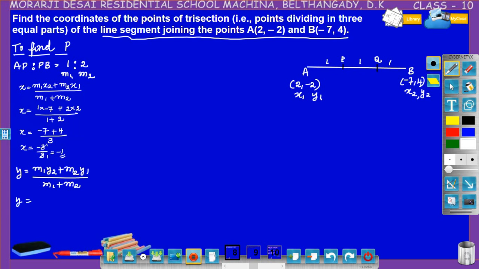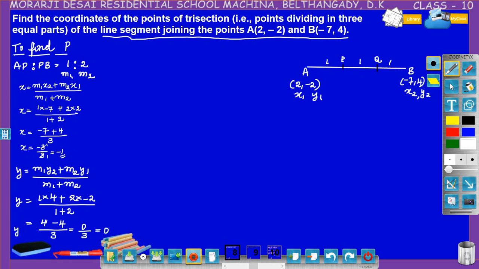Now y is equal to, what is m1? m1 is 1 into y2 is 4 plus m2 is 2 into y1 is minus 2 divided by 1 plus 2, that is equal to 4 plus 2 into minus 2 is minus 4 by 3, that is 4 minus 4 is 0 by 3 is equal to 0.